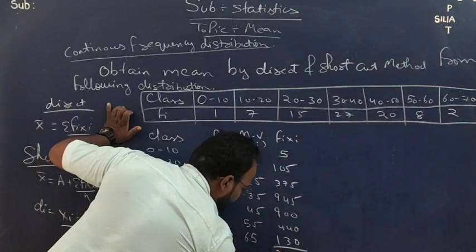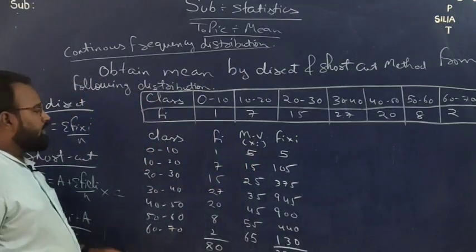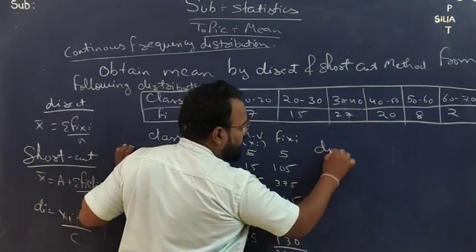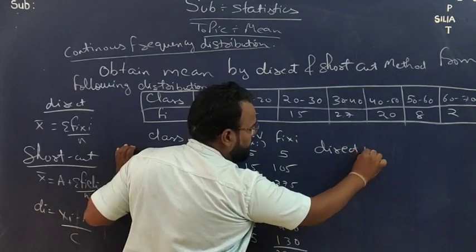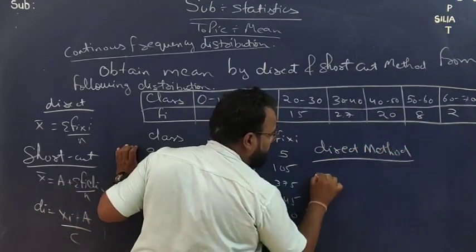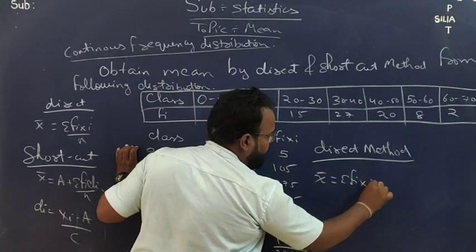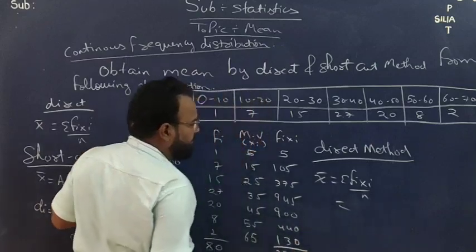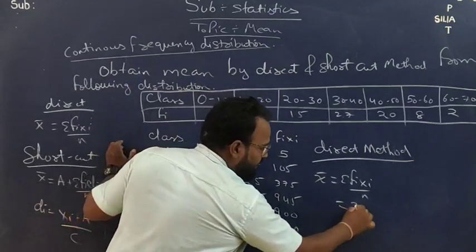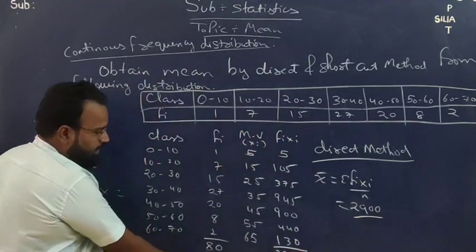2900. Okay students, so for the direct method, the formula is x bar equals sigma fi xi upon n. Here we have the sigma fi xi value, that is 2900. The number of observations is 80.